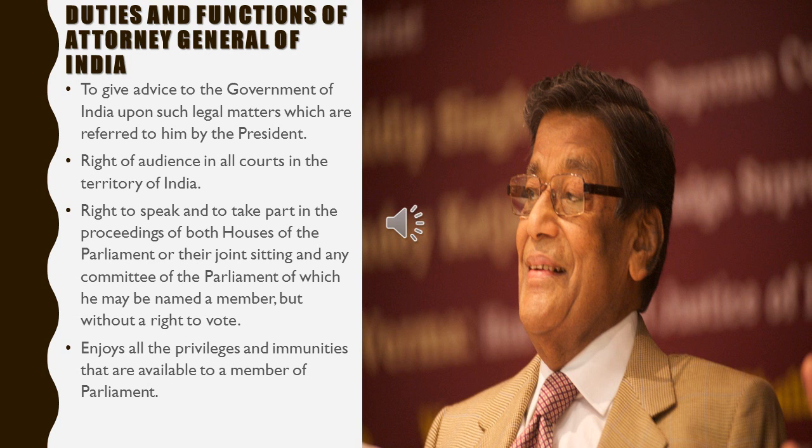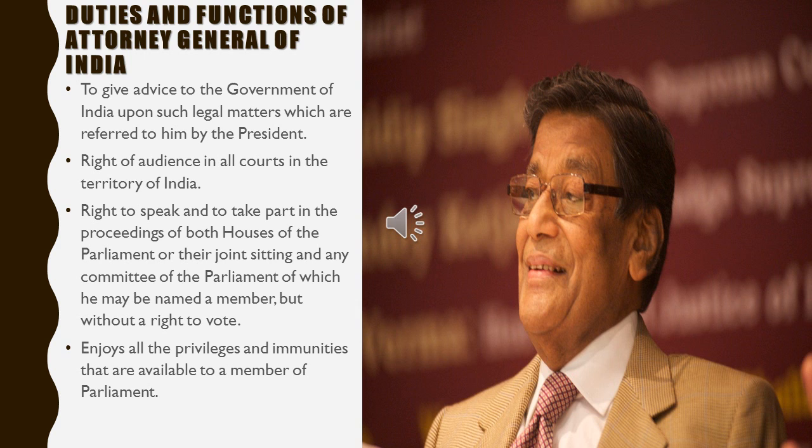Further, he has the right to speak and to take part in the proceedings of both houses of the Parliament. The Attorney General is not a member of the Parliament, but he has the right to speak and take part in the proceedings of both houses of the Parliament or their joint sitting, and any committee of the Parliament of which he may be named as a member, but without a right to vote.